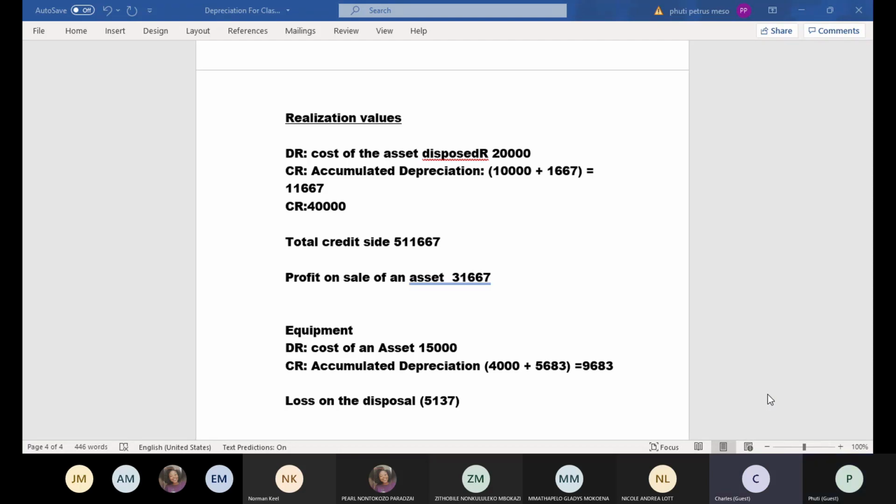I just wanted to check with you. The first question that we did on Wednesday, the straight line depreciation that we did. I just want to have clarity on that, because I see we've used the very same amount, the cost. If you can just move up, I think I saw it earlier.